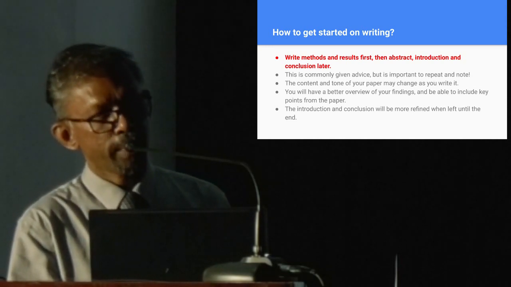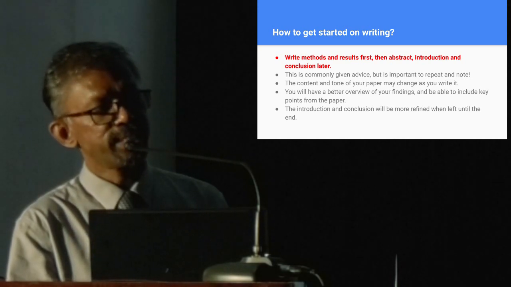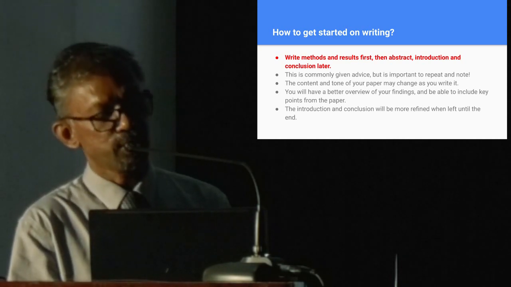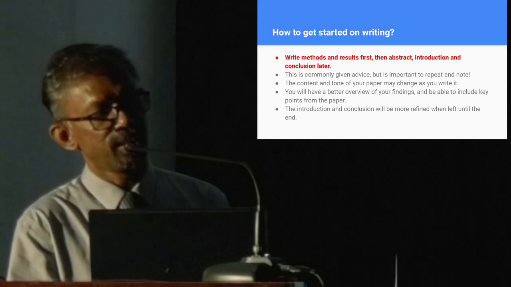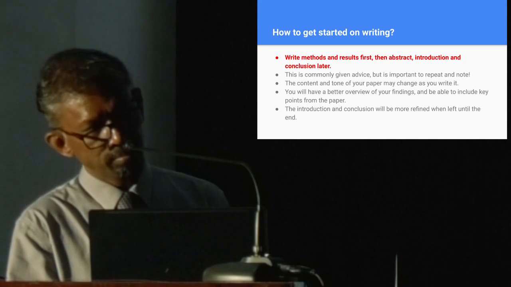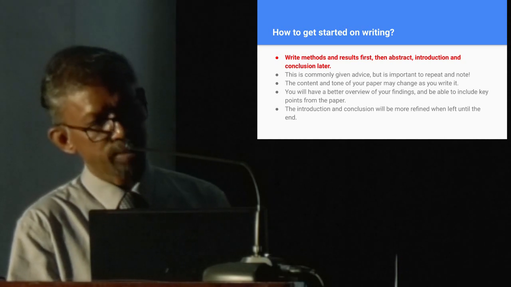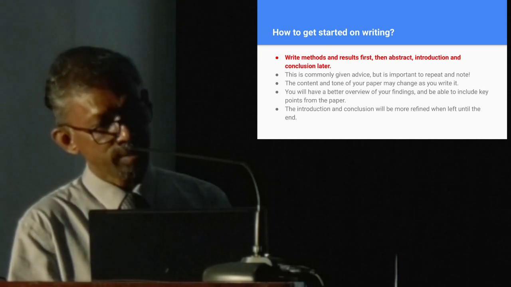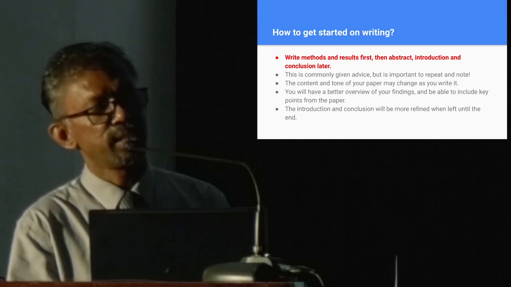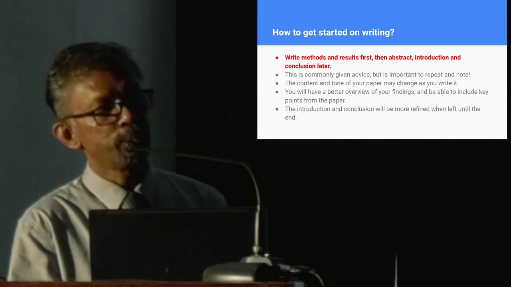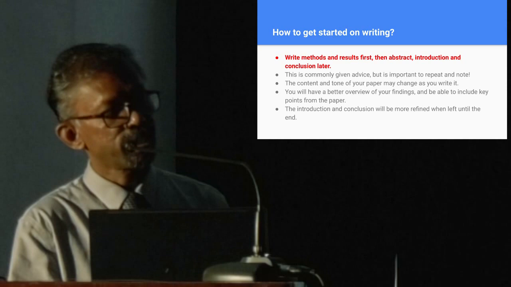However, this does not mean that this is a single iteration work. Paper writing is an iterative process. So once you make the first draft, then only you realize the deficiencies and areas where you can improve, and whatever other missing parts are there.